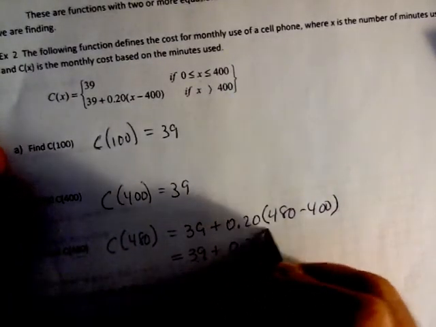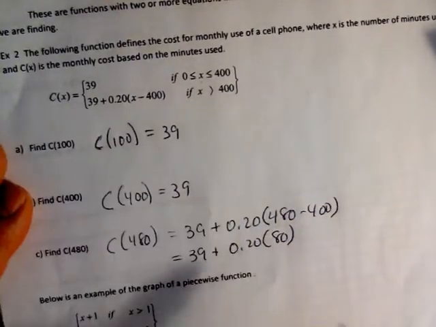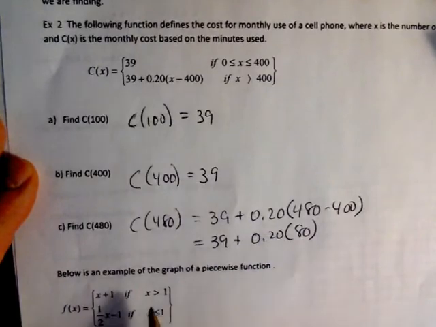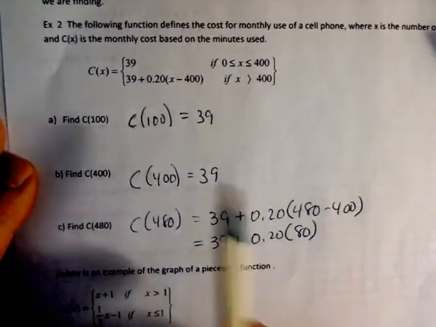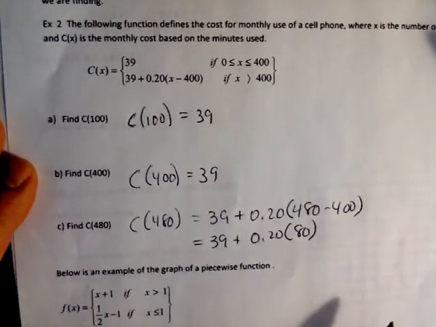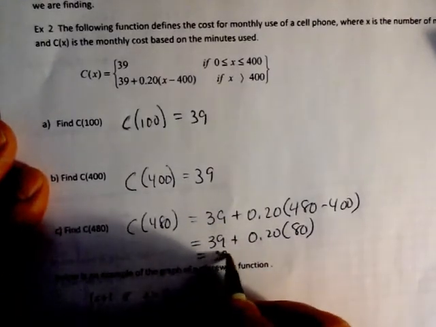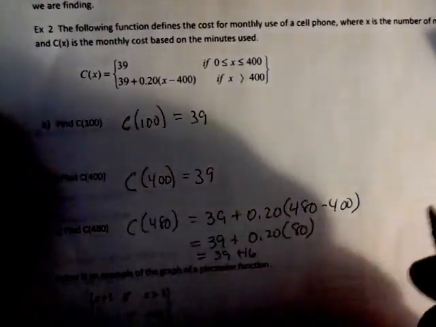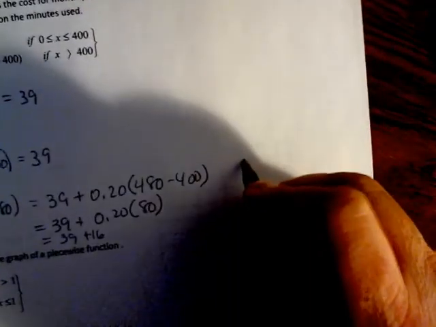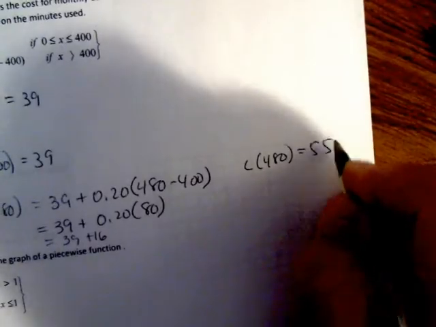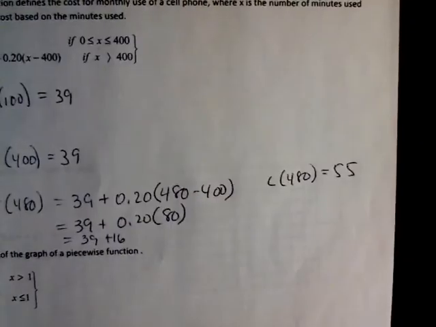As I simplify inside my parentheses, we went 80 minutes over what we're allowed to use without getting charged our extra minutes. And when I work that out, I get 39 plus 16. So my cost of 480 minutes would be $55.